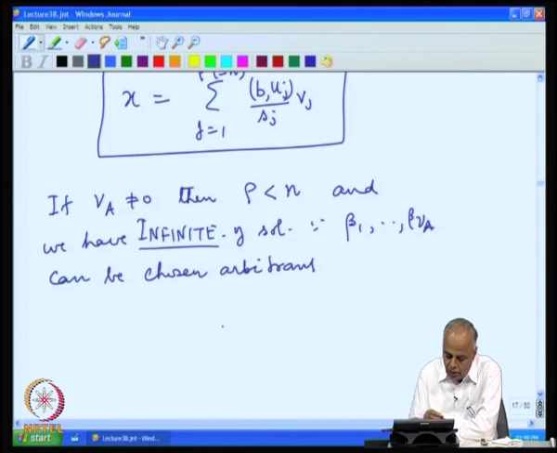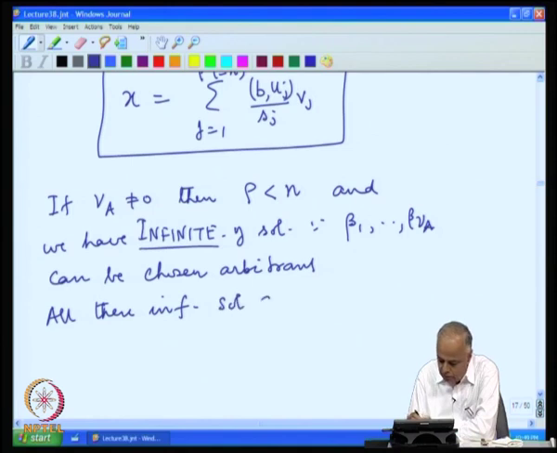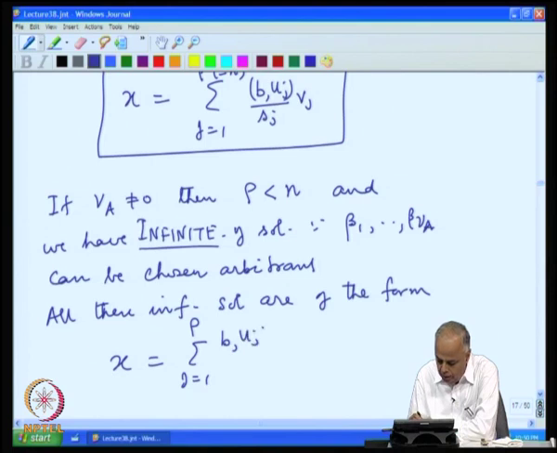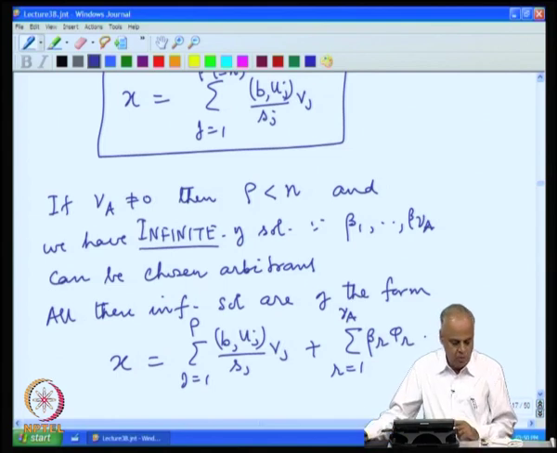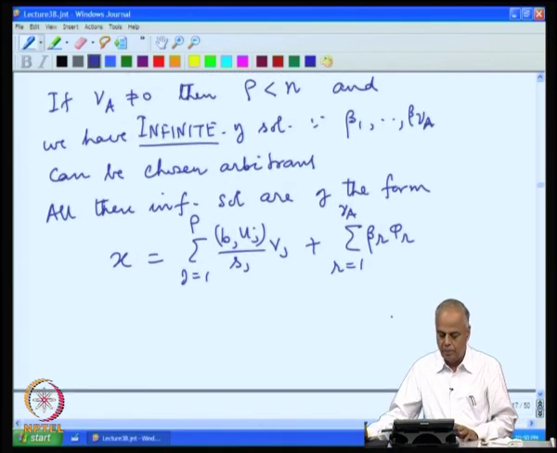Now, all these infinite solutions are of the form x is equal to summation j equal to 1 to rho b u j by s j into v j plus summation r equal to 1 to nu a beta r phi r, because now the betas can be chosen arbitrarily.